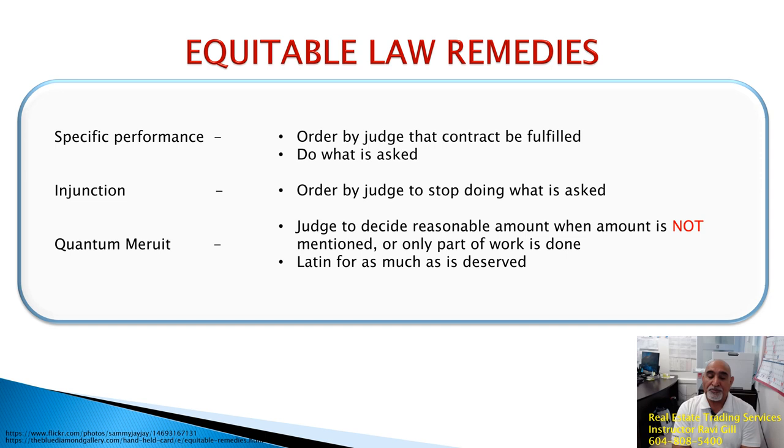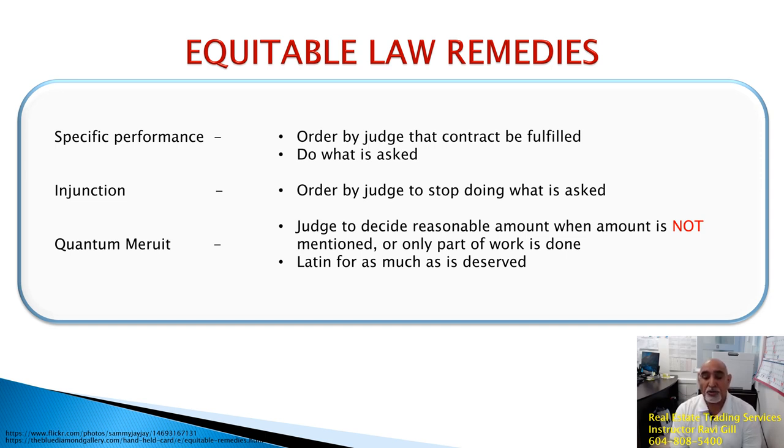And the third one, quantum meruit, is where sometimes it's not mentioned in the contract how much money should be given by the guilty person to the innocent person.